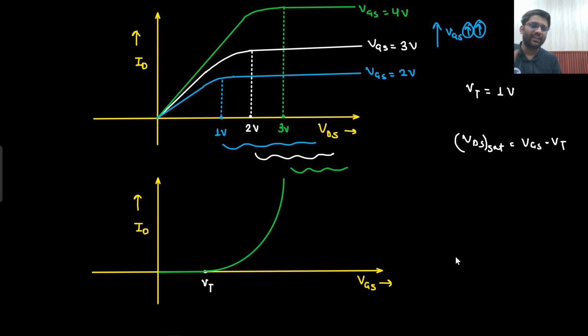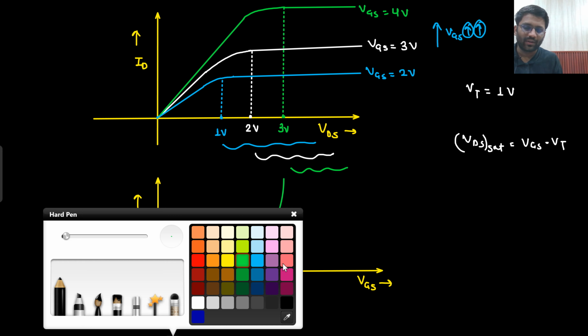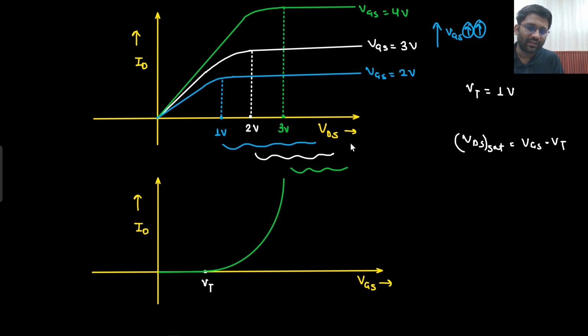So these are the saturation lines. What I can do is say these are the saturation region, right? And when I join these points, it will be like a parabola, which I am not able to make perfectly. So when I join these points, I will be getting this kind of parabola.